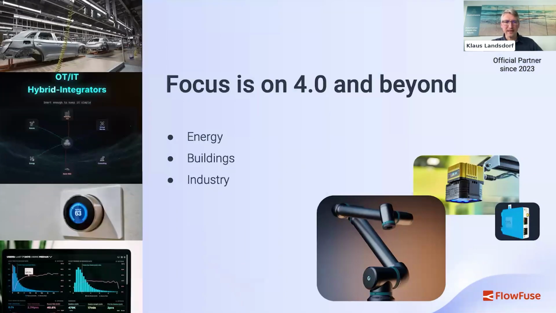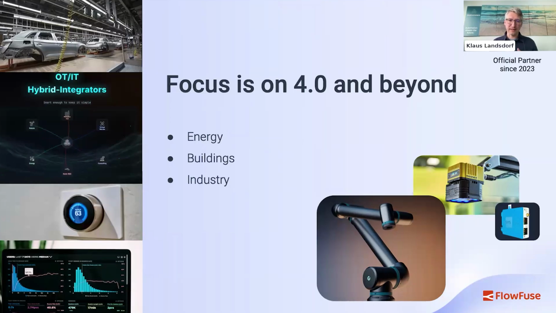The focus for today is really Industry 4.0. Many people are talking about it, but we are also talking about what comes beyond. Because energy, buildings, and industry are really, let's say, the focus in Industry 4.0. So all these topics mean we have to control things, to automate, to make them talk or work together, especially in 4.0, where you mostly use MQTT and/or OPC UA.